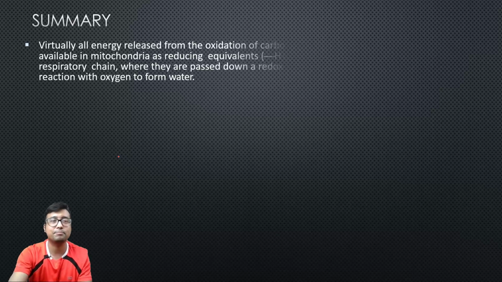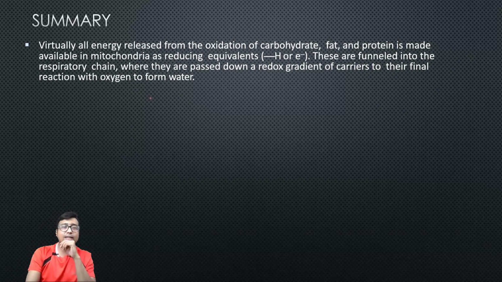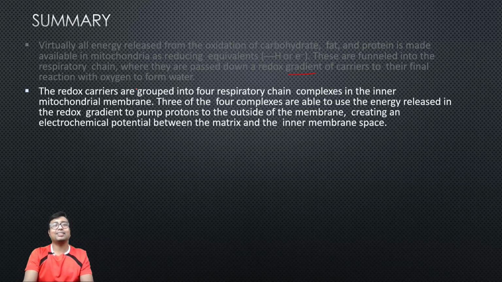But to summarize, virtually all energy released from oxidation of carbohydrate, fat, and protein is made available in the mitochondria for reduction, as reducing equivalents, either as proton, as hydride ion, or as electron. These are funneled through the electron transport chain via a redox gradient of carriers, where they finally donate their electron to oxygen to form water, right?